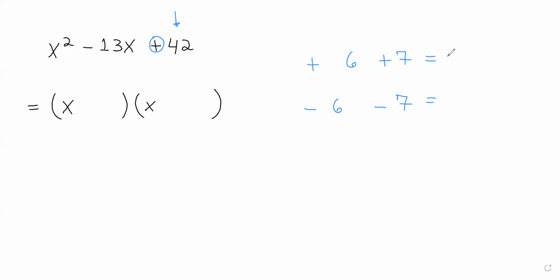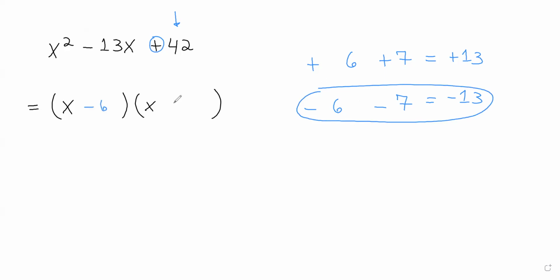Now 6 plus 7 would give me a positive 13, whereas negative 6 minus 7 gives me a negative 13. So this must be my desired combination of signs. It has to be a -6 and a -7. If the given problem was x squared plus 13x plus 42, then my answer would be x plus 6, x plus 7.